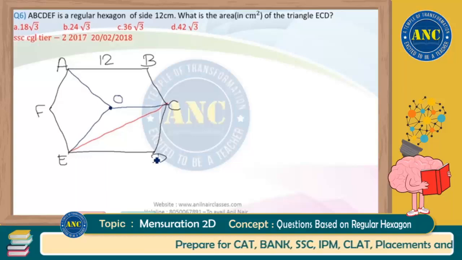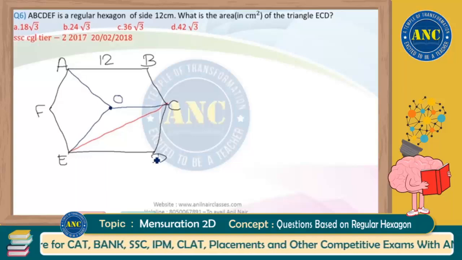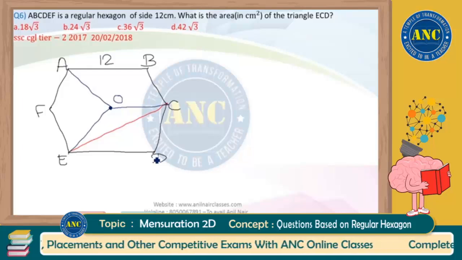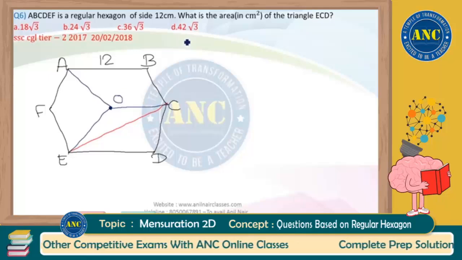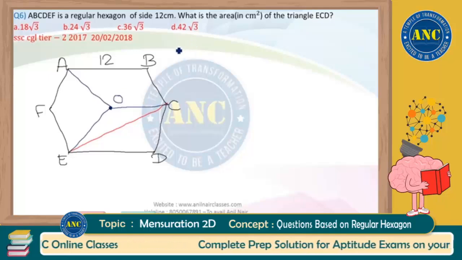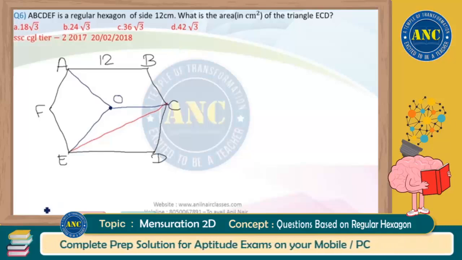Sir, why did you join only A, E and C? Simple, sir. I told you earlier that the area of a regular hexagon is equal to the combination of 6 equilateral triangles.